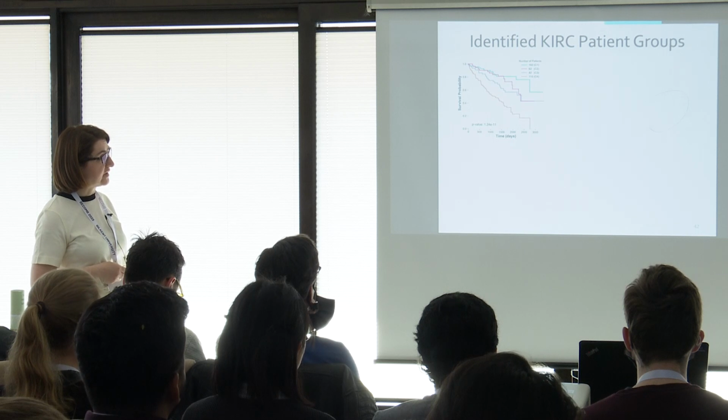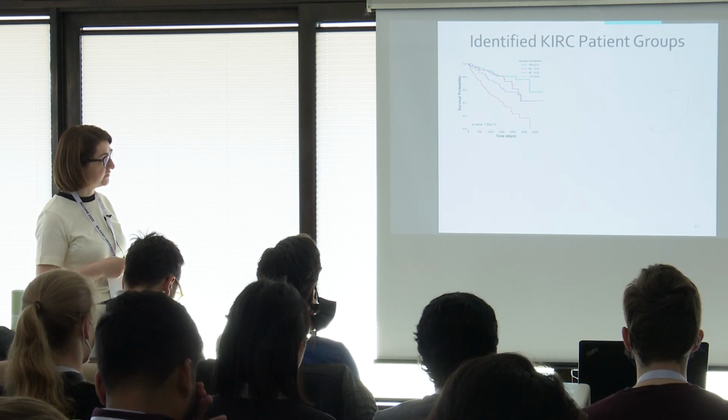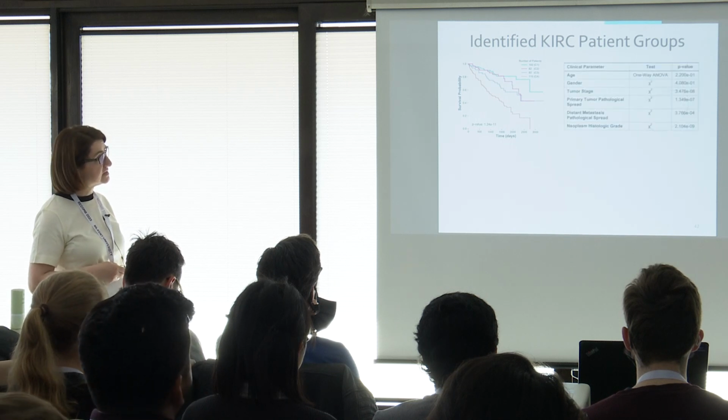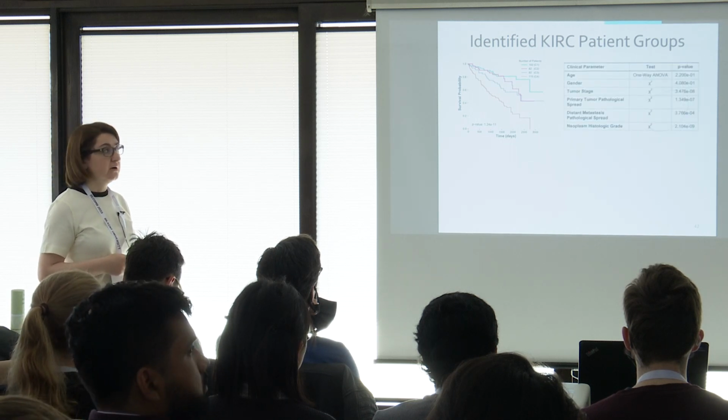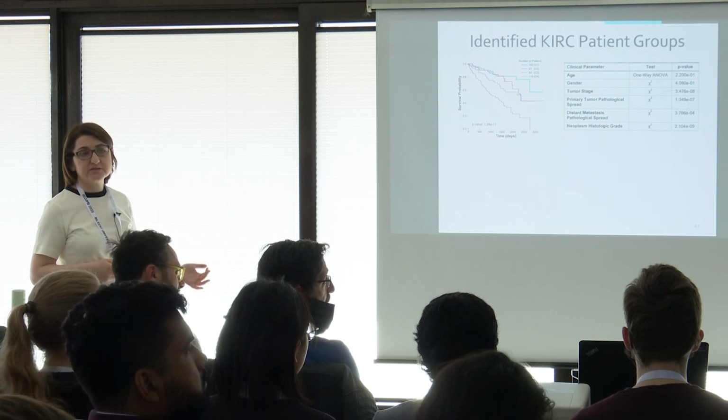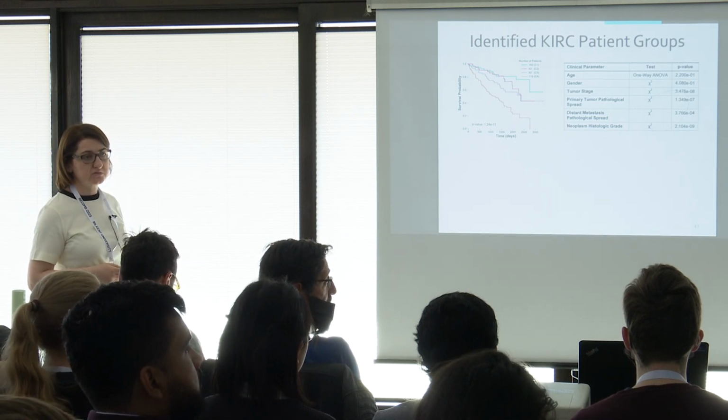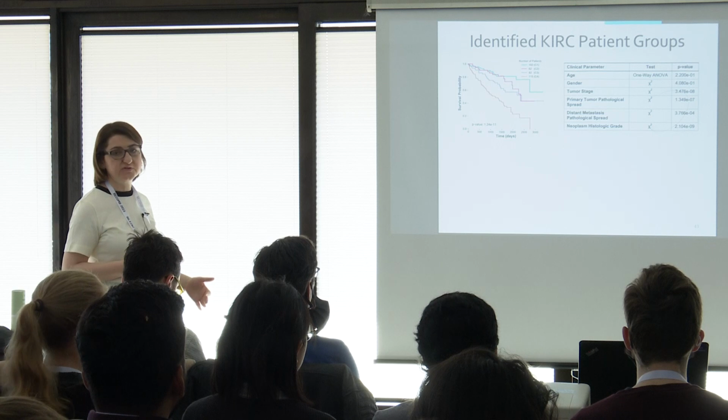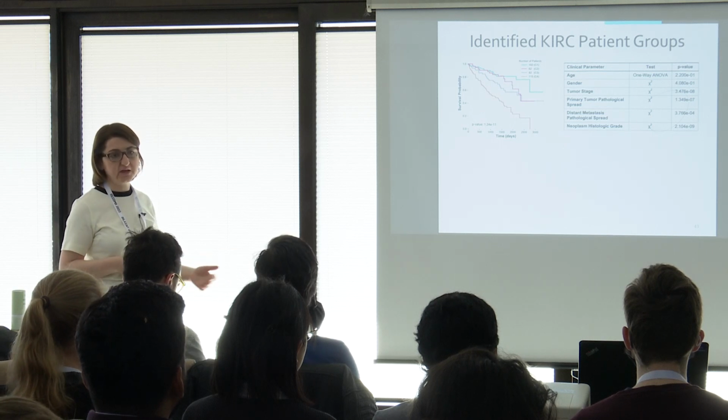The next thing: when we apply this to kidney cancer, these are finally the clusters that we get. We also checked whether these clusters could be happening for other reasons, right? Maybe because we are finding clusters of different genders or ages and so on.